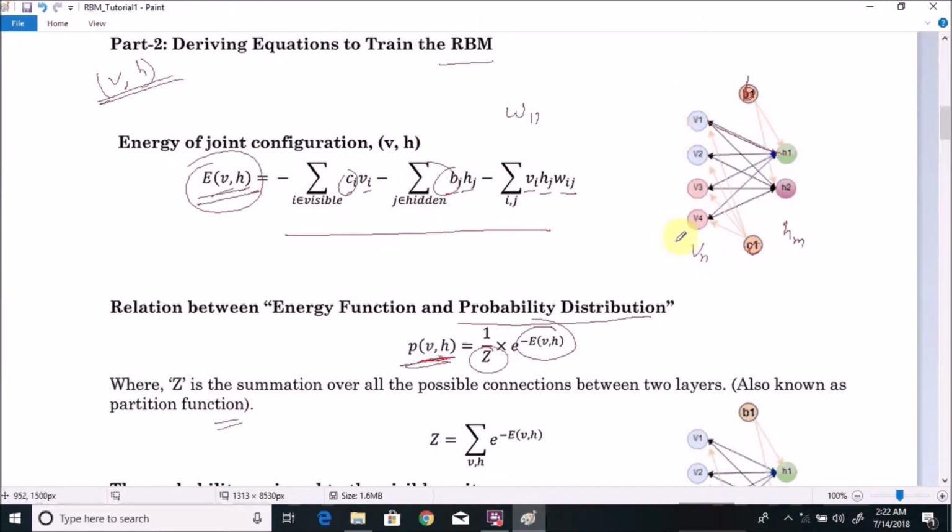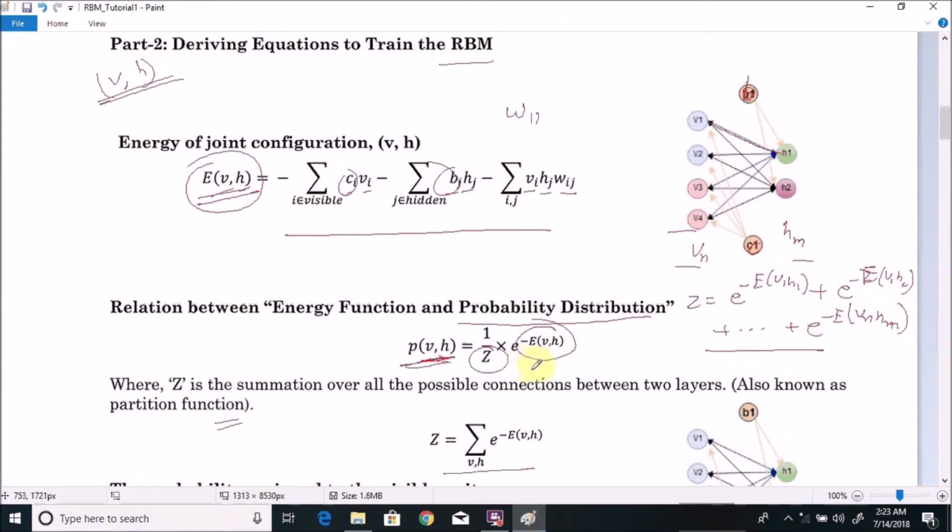So in this case Z will be equal to e to the power minus E(V1,H1) plus e to the power minus E(V1,H2) till e to the power minus E(Vn,Hm).